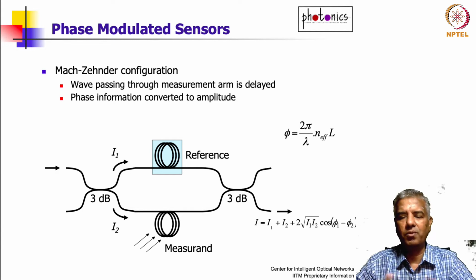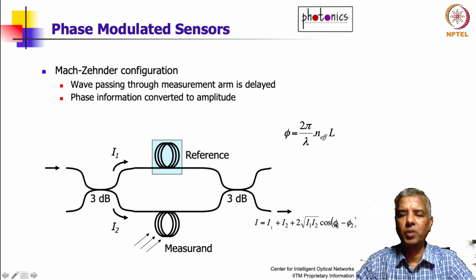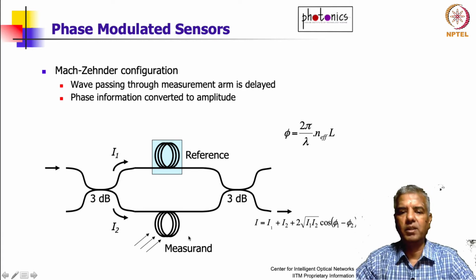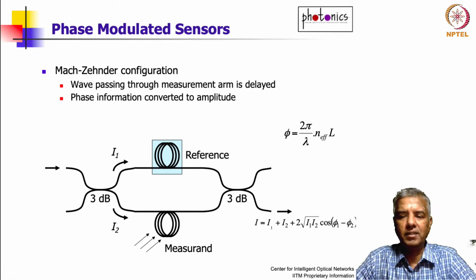It's a fairly well controlled environment, so you know exactly how much phase is accumulated over here, and that doesn't change as a function of time. Then any intensity change is going to be because of this change in phi 2, which is what we call the measurand arm. So this is an example of a phase modulated sensor.